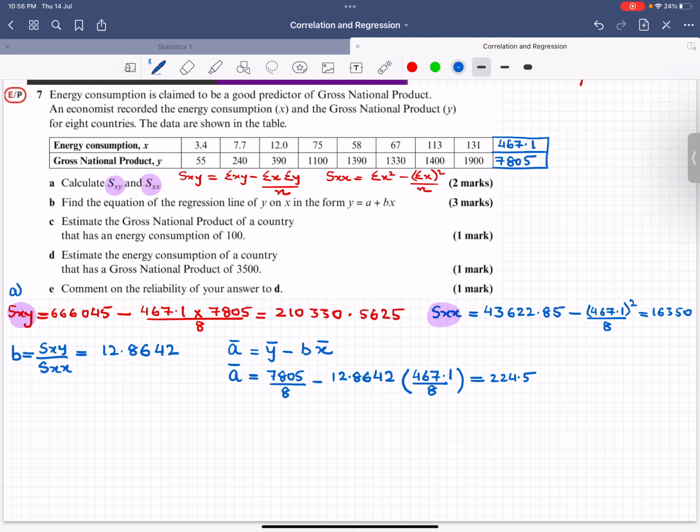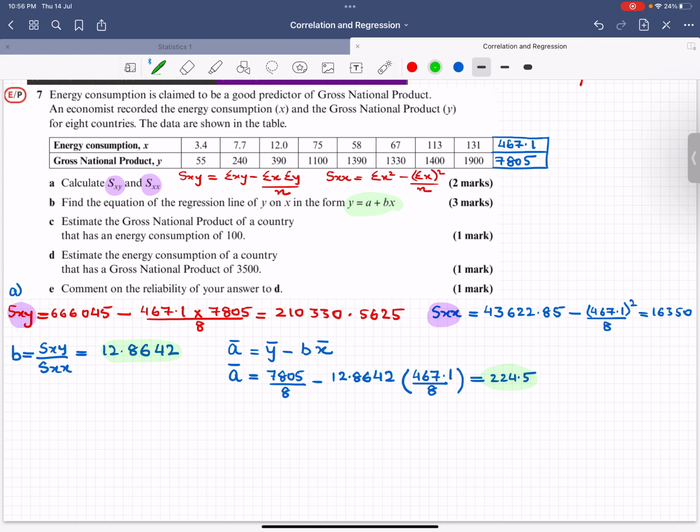Now since we have our b value and our a value, to find the equation of the regression line, all we need to do is plug in the a and the b. So let's do that and find our equation of regression line.